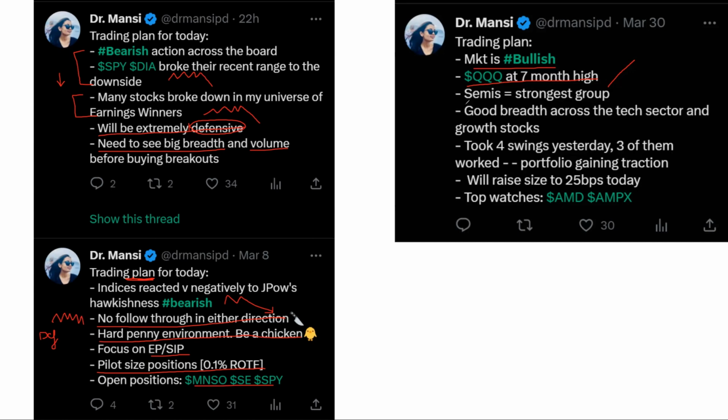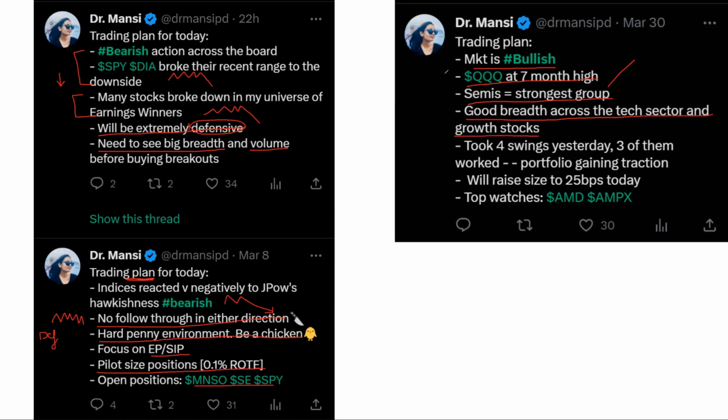I was looking at what groups were leading. And at this point, which is March 30th, semis were the strongest group. So this also helps me figure out where the dollars are flowing and which kind of stocks, if they break out, have an even higher odds of moving. Then I note there was good breadth across the tech sector and the growth stocks.